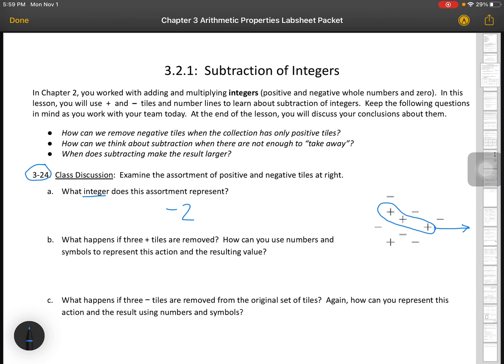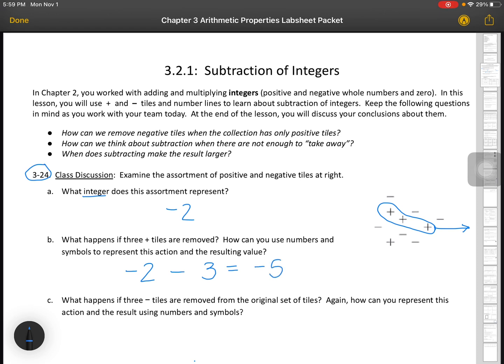So we can see what we started with, which we knew is -2. And we can see that we are taking away 3. So we started with a -2, we're going to take away 3, and we're going to be left with a -5.